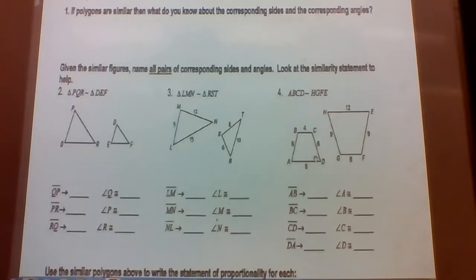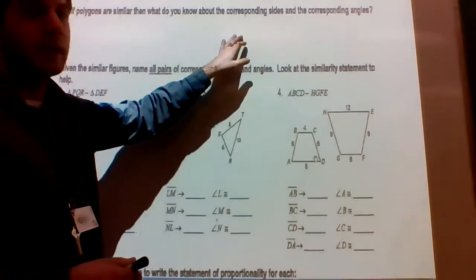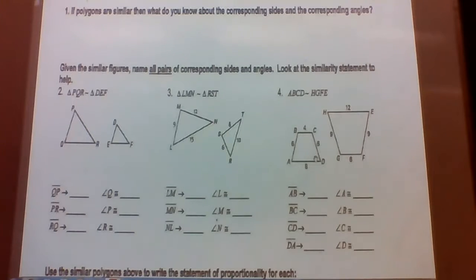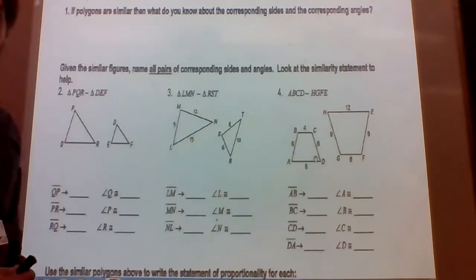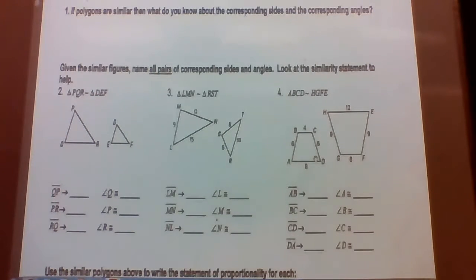And the angles are congruent. So since the angles are congruent, it tells us our similar polygons are going to be the same shape. Since the sides are proportional, they're not necessarily going to be the same size. They can be larger or smaller at a proportional rate. All the sides of that polygon will be larger or smaller at the same rate. They're proportional.